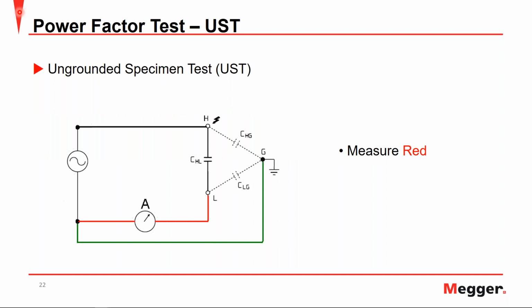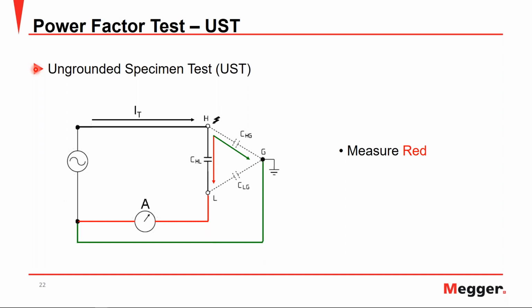First up, we have the ungrounded specimen test, or the UST. In this situation, we have a sine wave, or our applied voltage on the high side, and we can see the measurement lead in red and the ground shown in green. So taking a look at this, we can see the total injected current here is going to split because of the 2 paths between high and low and high and ground.